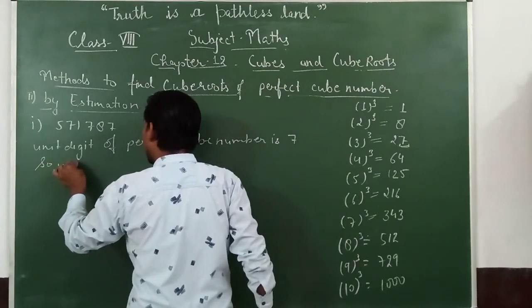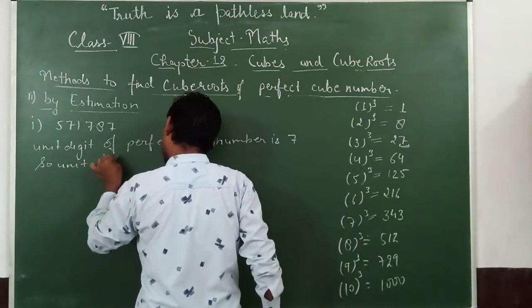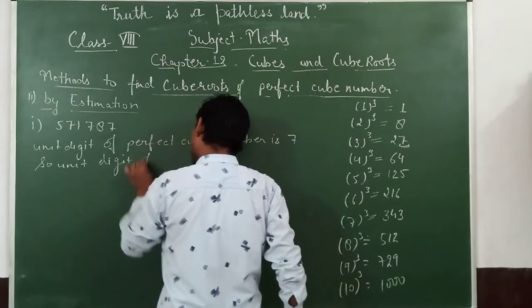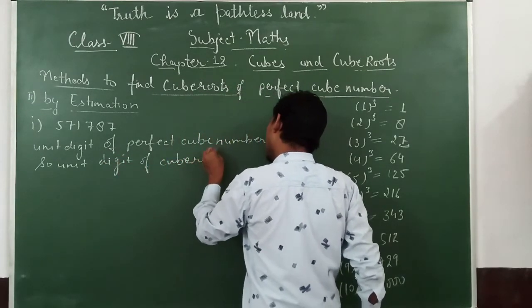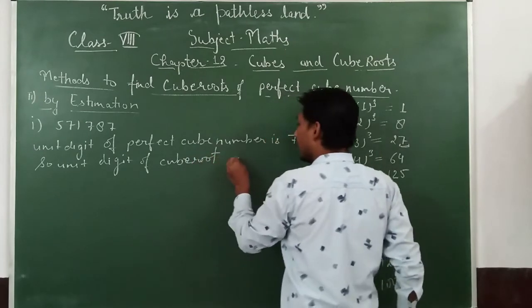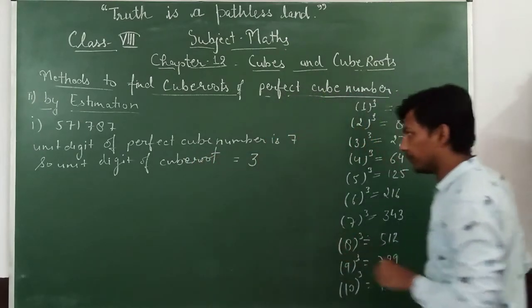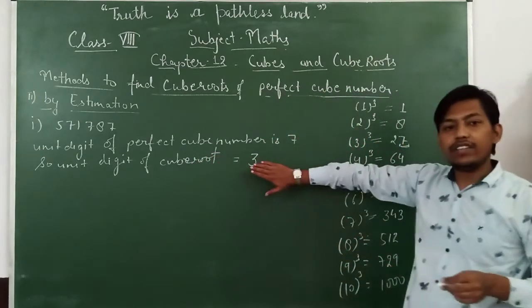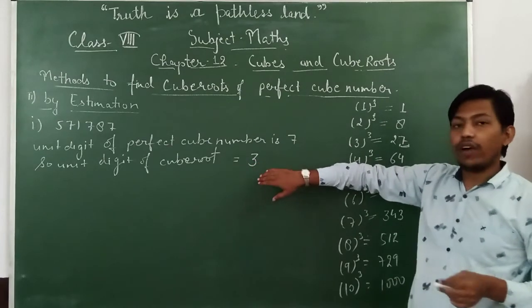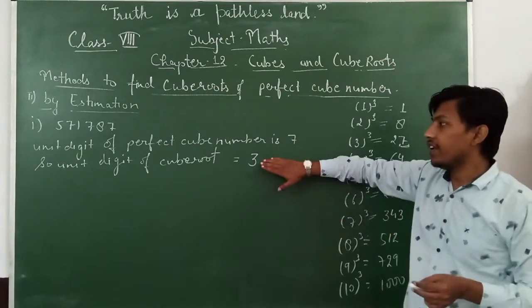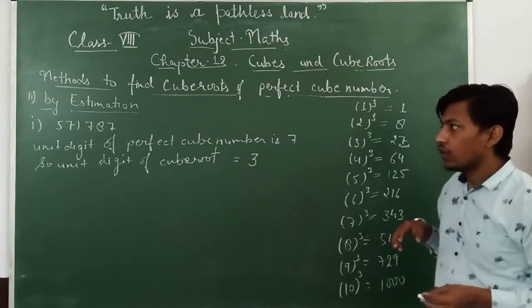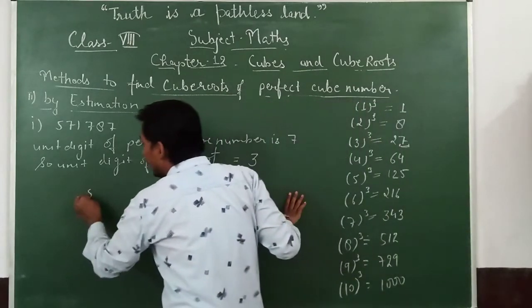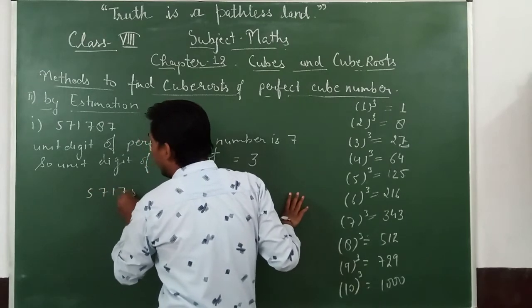So the unit digit of the cube root is 3. We have found the unit digit of the cube root. Now we have to find the remaining digits of the cube root of that number. So the number given to us is 571787.